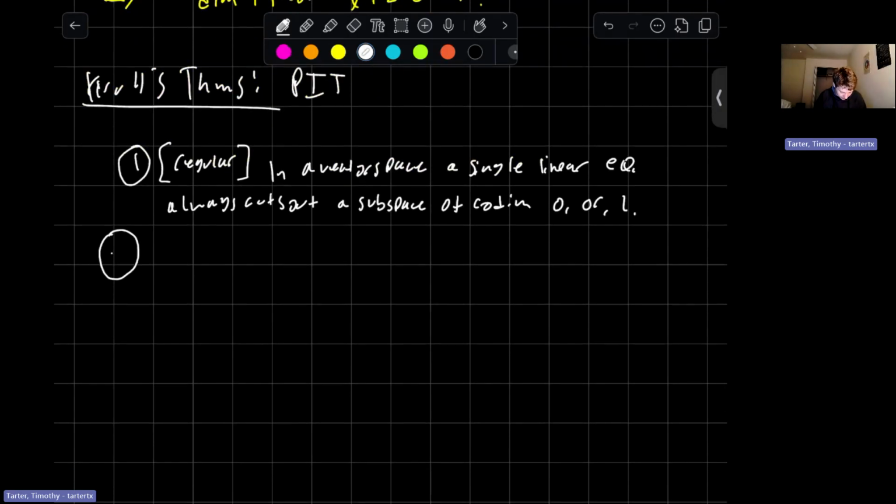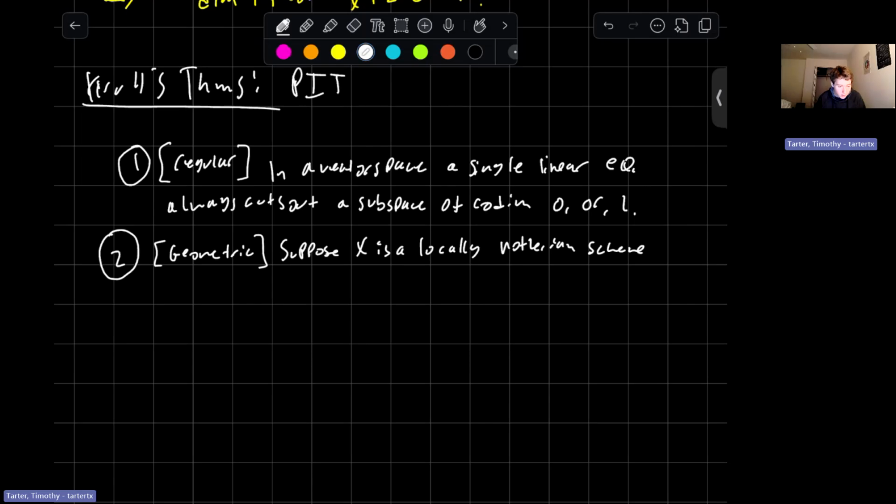And then the geometric version is that suppose X is a locally Noetherian scheme, and F is a function.